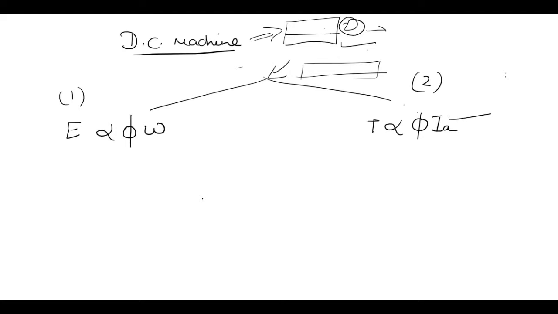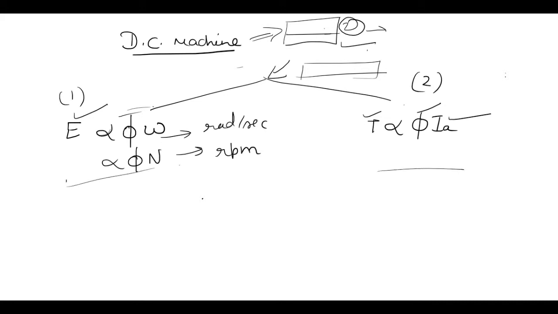Ia is the armature current, phi is the field flux, T is the torque. Omega is speed in rad per second, but since it is proportional, you can write phi N, where N is in RPM, revolutions per minute. E is the induced EMF and phi is again the field flux. This is a very simple relation. You can learn this, and now we are going to solve questions using these two.